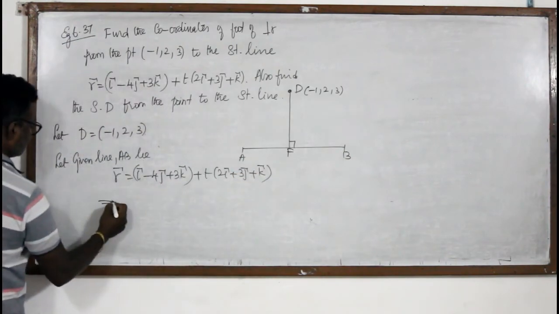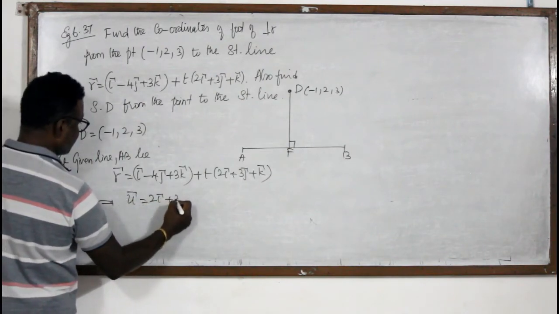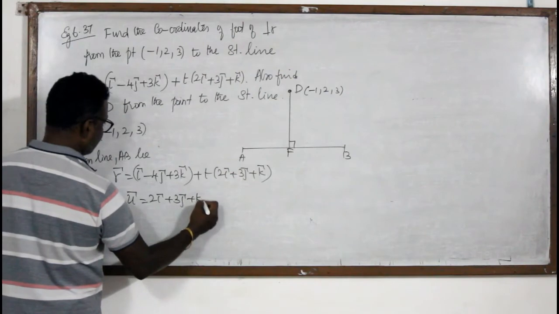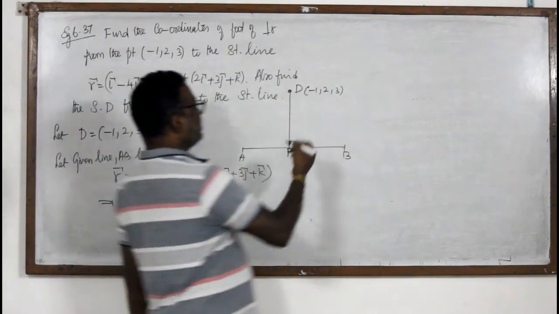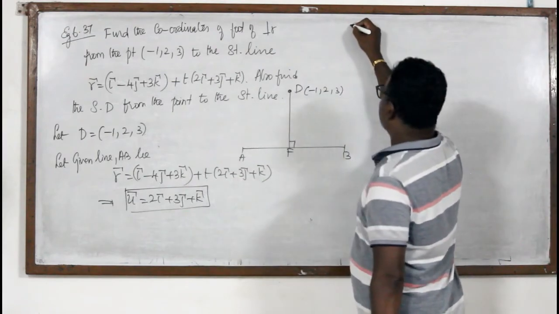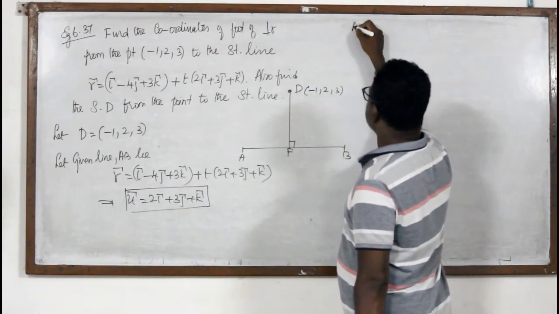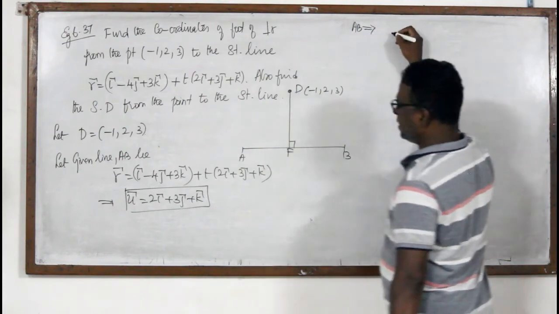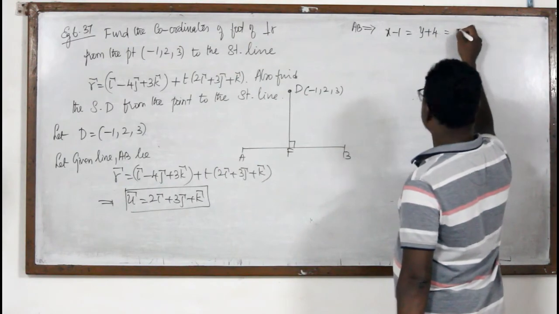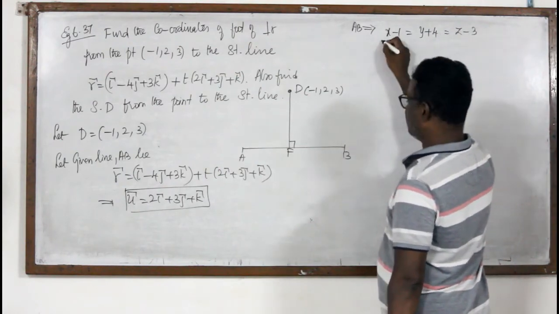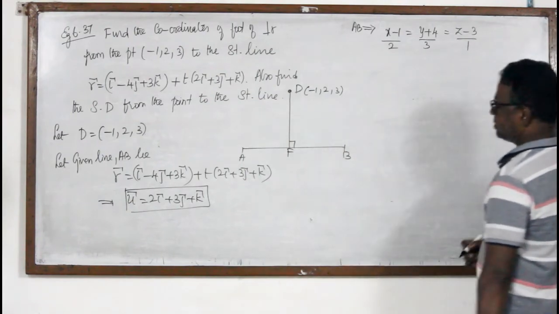Therefore, this implies u vector is 2i plus 3j plus k, because I am not in need of a point. So this is the u vector. Let me write it in Cartesian form. The Cartesian equation of AB is (x minus 1)/2 equals (y plus 4)/3 equals (z minus 3)/1.